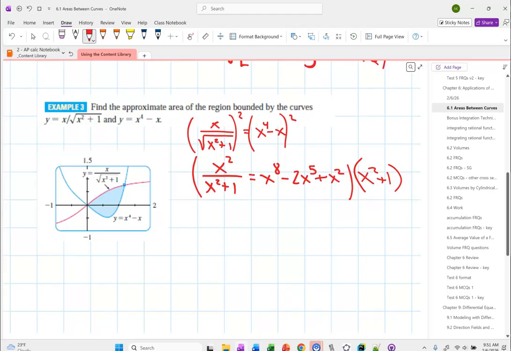Yuck. So I'm going to have x to the 10th plus x to the 8th minus 2x to the 7th minus 2x to the 5th plus x to the 4th plus x squared. Subtract the x squared from both sides at least. And I can take out an x to the 4th.